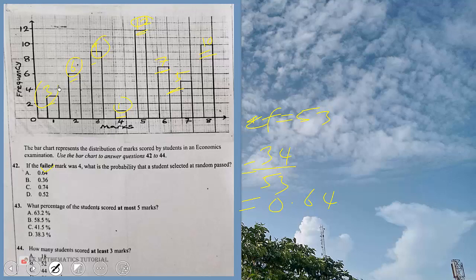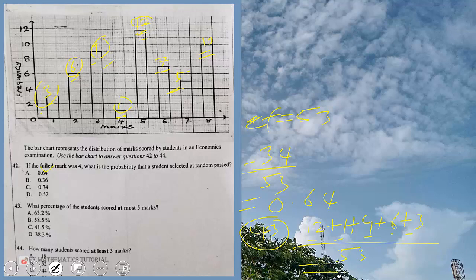So you have 12 plus 1 plus 9 plus 6 plus 3, that is 31, all over 53.